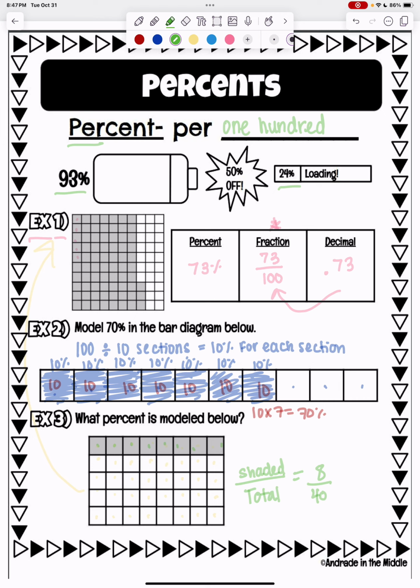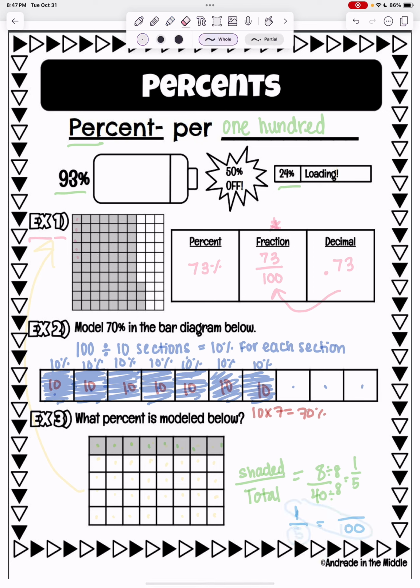Let's simplify. Hopefully you're telling me divide by 8 to get 1 over 5. Is that a percent? No, not yet. We have to make it equivalent, so 1 over 5 is equal to something over 100. You could use bat and ball: 1 times 100 and divide by 5.